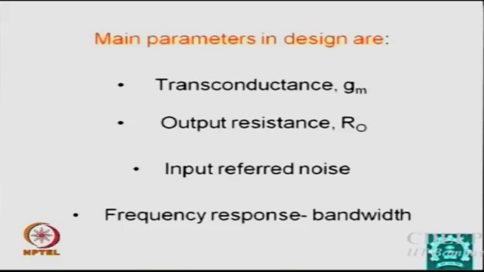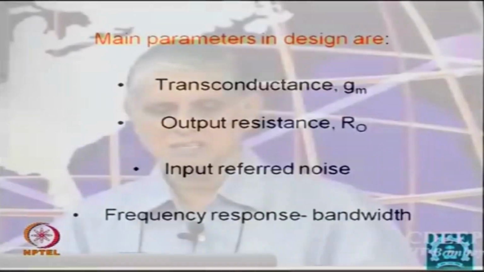Those are the three parameters important as far as the gain side and outputs are concerned. And finally, for all analog circuits, we are worried about bandwidths, which is our frequency response. So how do you tackle each of them and still not lose on others is what the game of design is all about. So we stop here today, we'll come back next time.